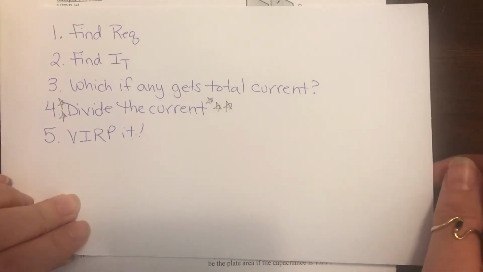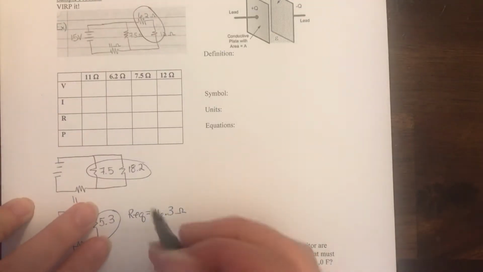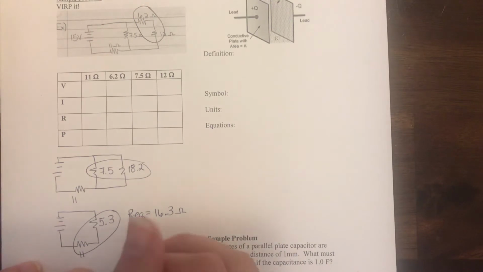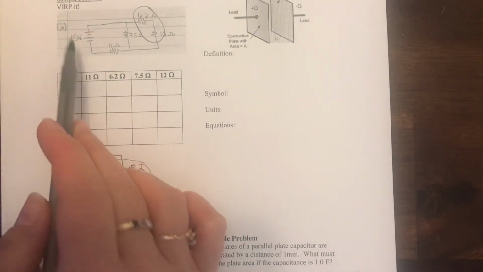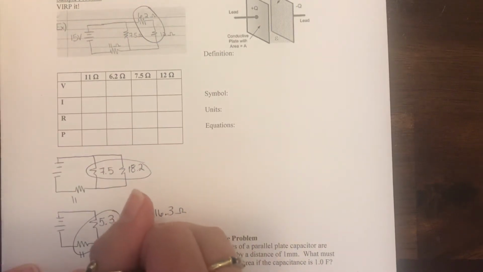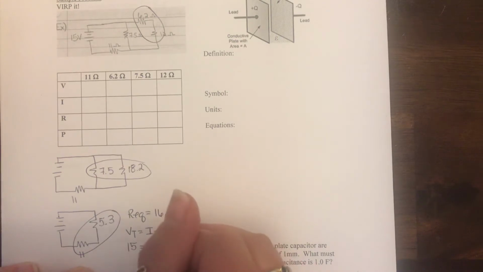Step number 2 says find the total current. Okay? Will do. So we can use the equation VT equals IT times REQ to find the total current. Now the total voltage is the voltage given by the battery. So this one is 15. I don't know what IT is, and I found REQ.